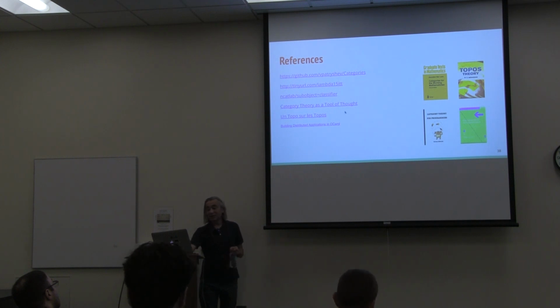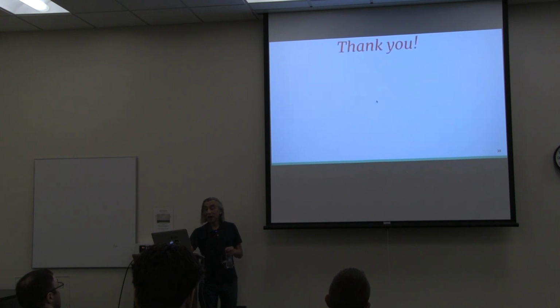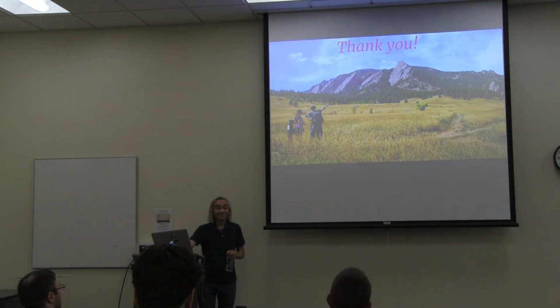And so this is the thing about topos theory. This is not an introduction to topos theory. This is just a discussion of topos theory and its mentality. This is also a nice reading, and these are technical things, and these are the books to read. And thank you.